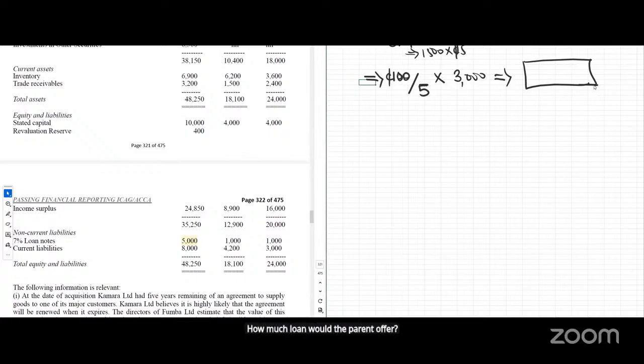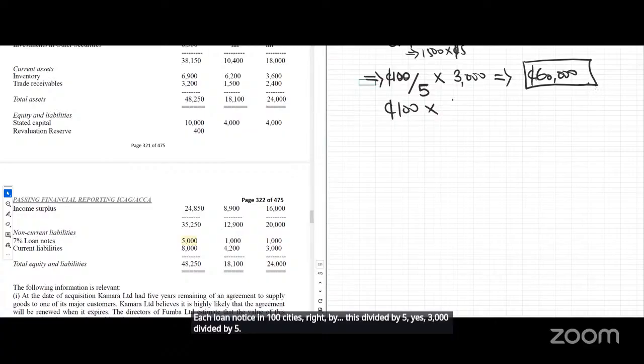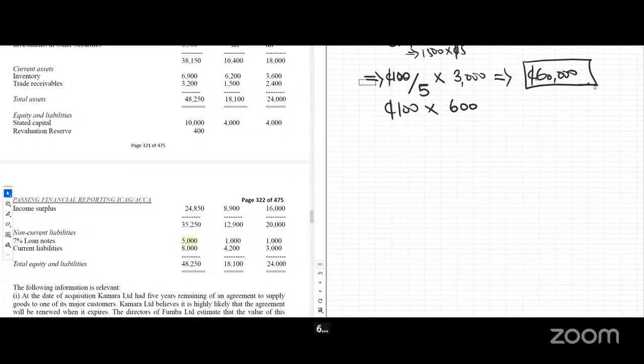60,000. But how many loan notes did the parent offer? Each loan note is in 100 CDs, right? By this divided by 5, you're saying 3,000 divided by 5, 600.